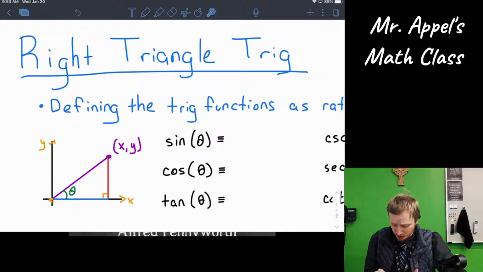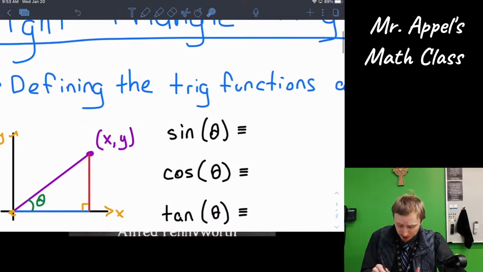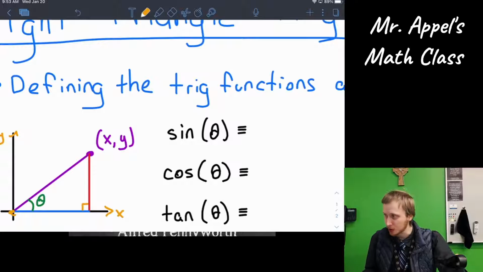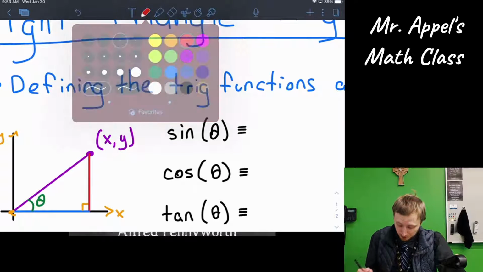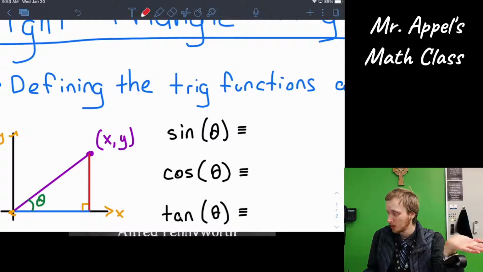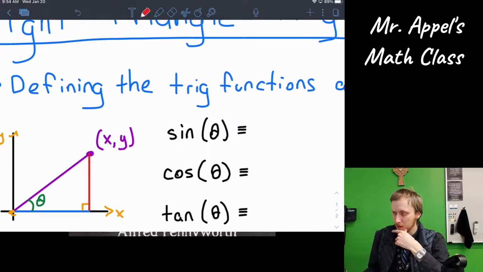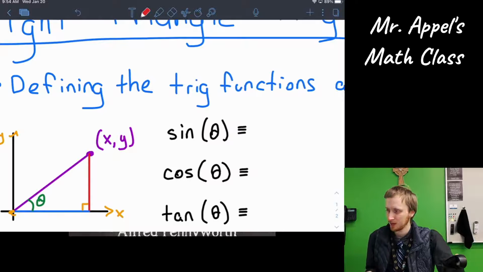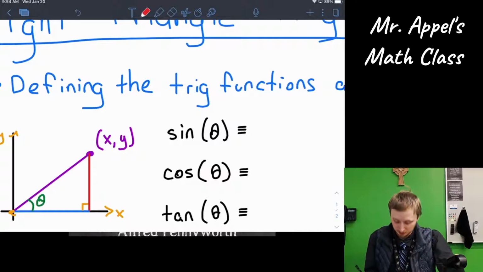So real quick, I think we all remember our SOHCAHTOA, right? Sine is, anybody? Shout out. Give me it in chat. Everyone should know this. In a right triangle, sine is defined as what over what?